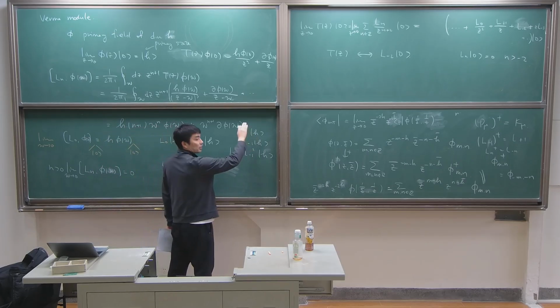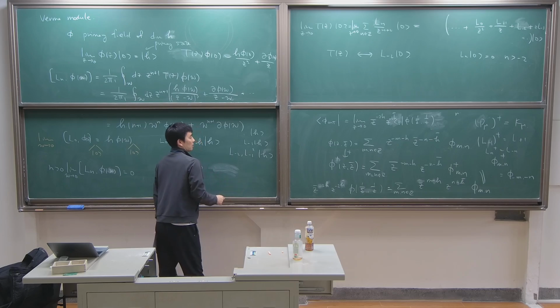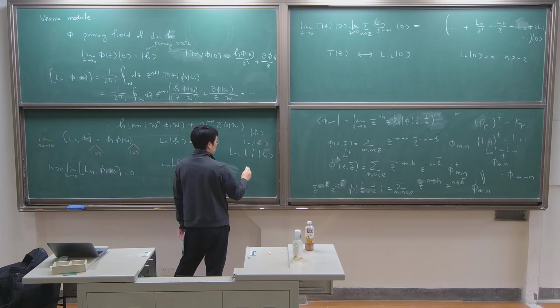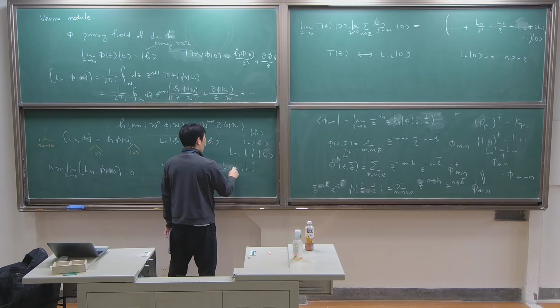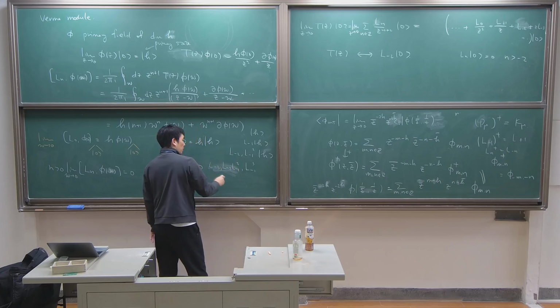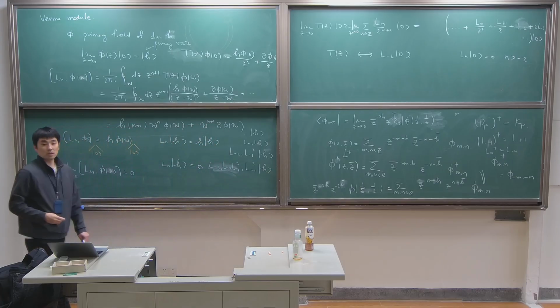These are the primary field and the primary state, and you have descendants, and so on. This is level 3, like this. Is that okay?